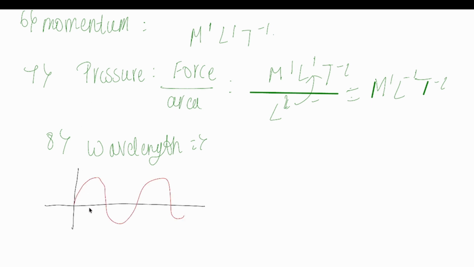If it is a wave, the distance between two crests or two troughs is called wavelength. So it's nothing but length. So the dimensional formula of wavelength is L power 1.